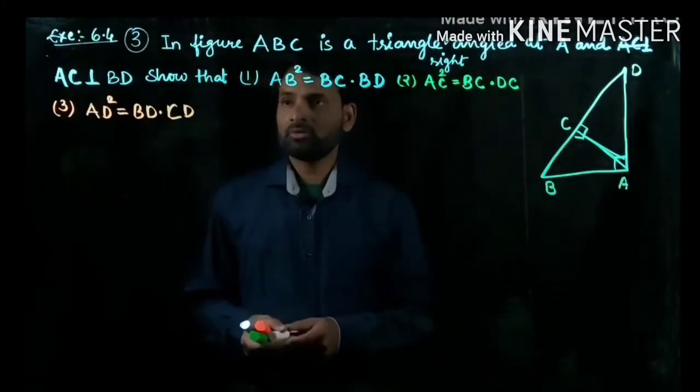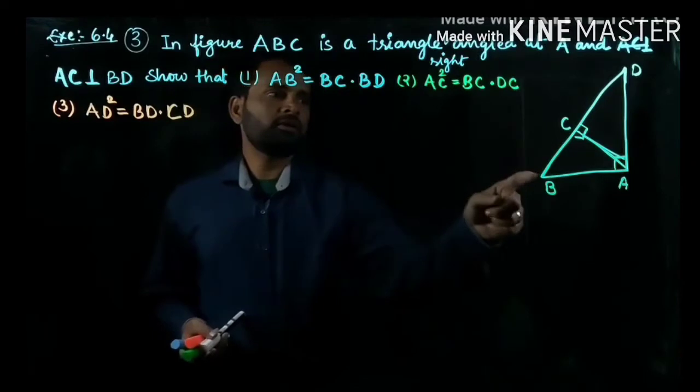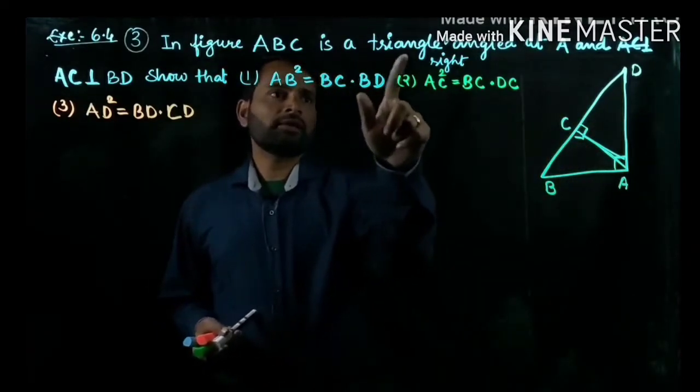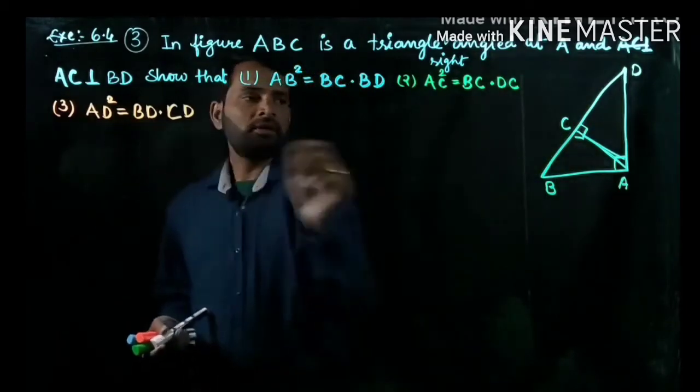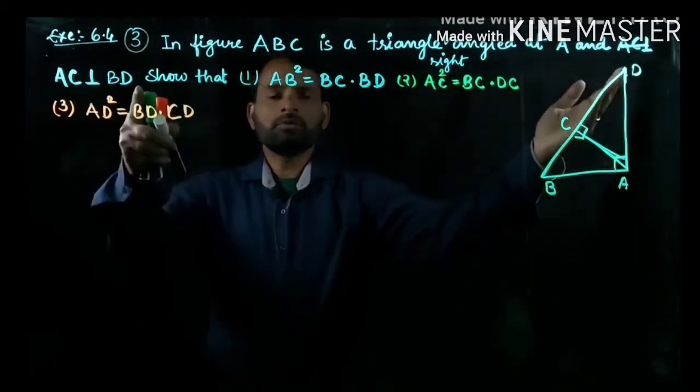Question number 3. In the figure, ABC is a triangle right angled at the point A, and AC is perpendicular to BD.